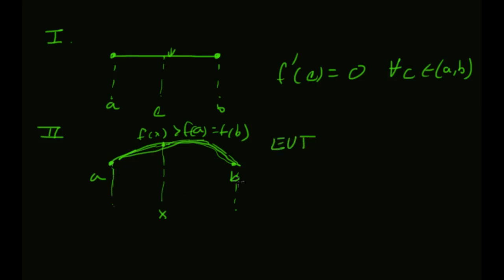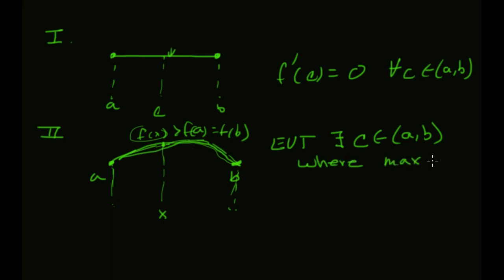If I have a closed interval from A to B, a maximum must exist. Since f of x is bigger than both of these, the maximum isn't at A and it isn't at B, which means there has to be some other point C between A and B where there is a maximum.